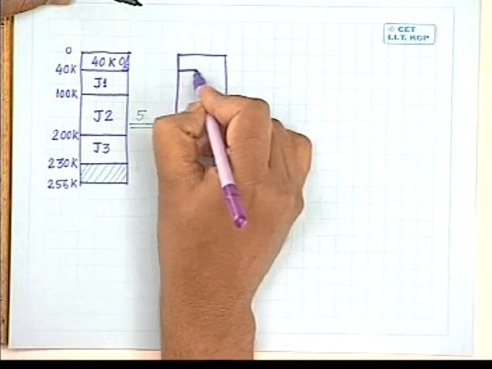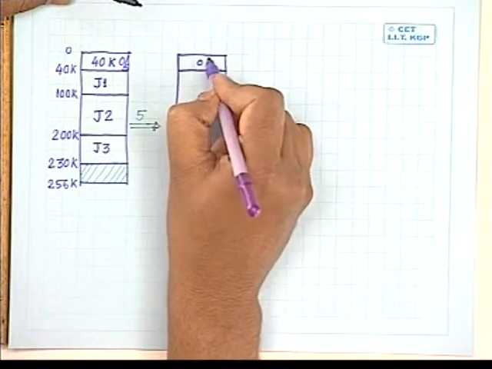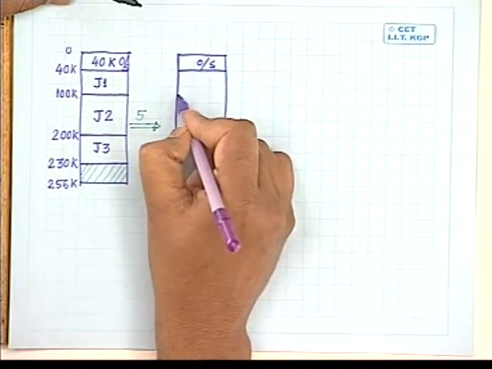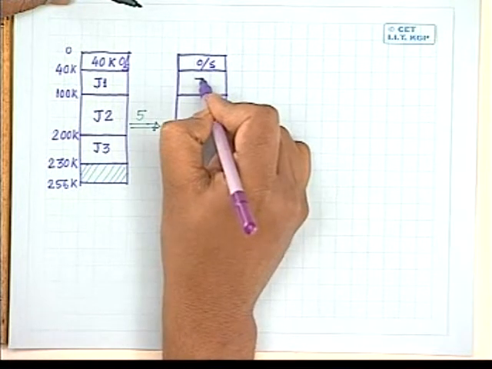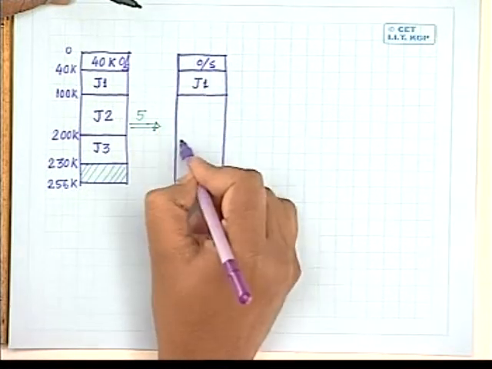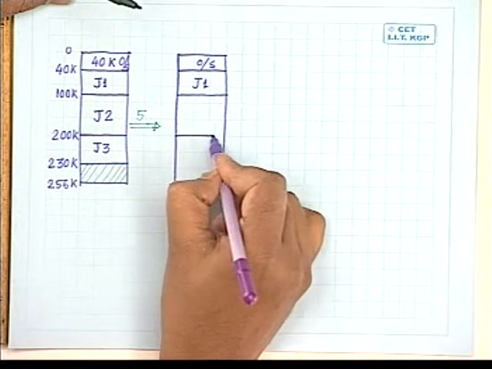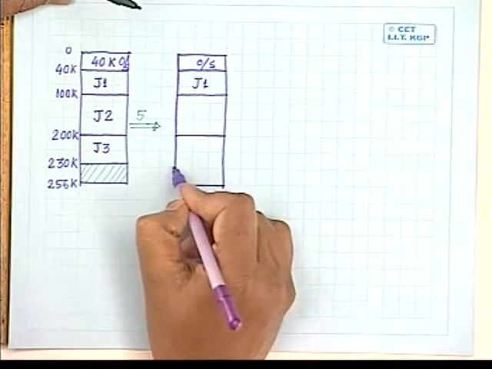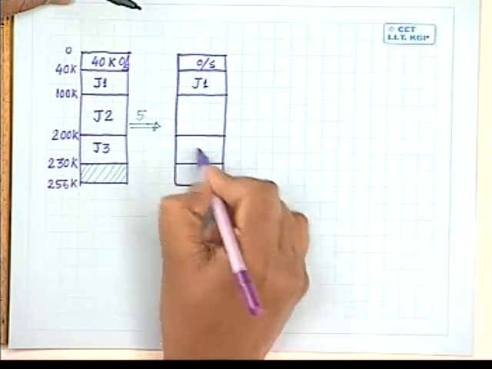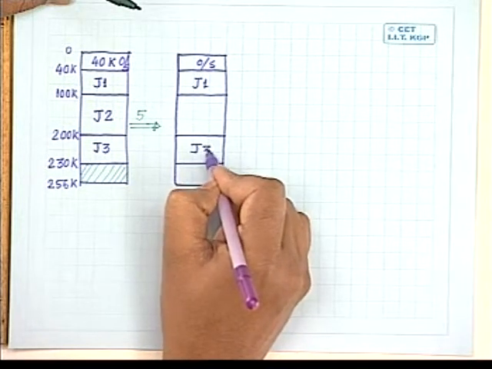The first partition of 40K is given to the operating system. Second partition is still with job J1. Third partition is now becoming free, and fourth partition is still with job J3.